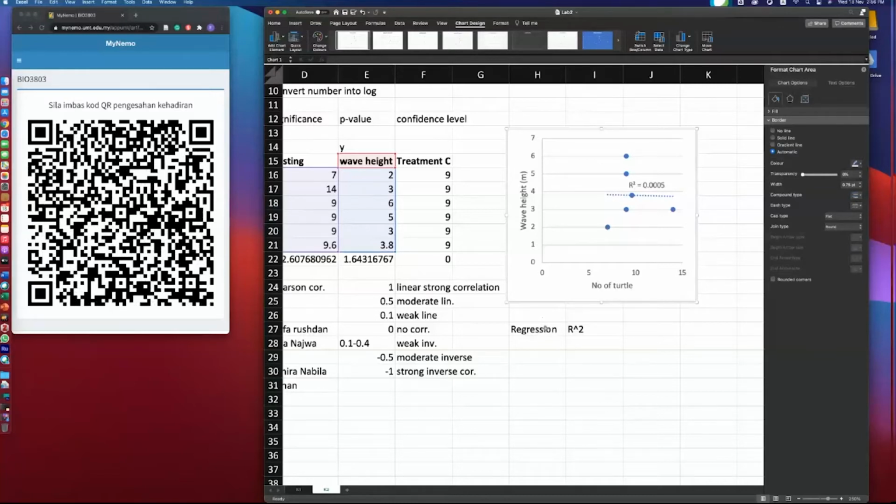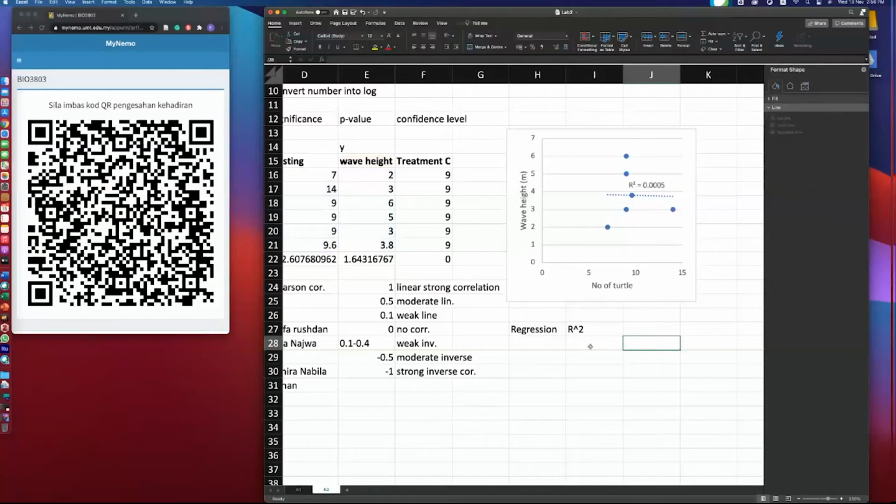For the R squared, what do you think? Remember, with R squared, any number that has been squared has no negative values. Okay, the highest value would be 1, maximum 1, the lowest is 0.